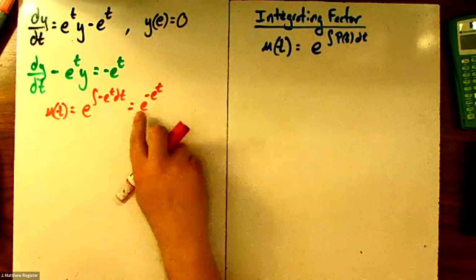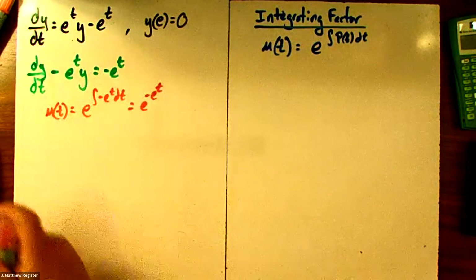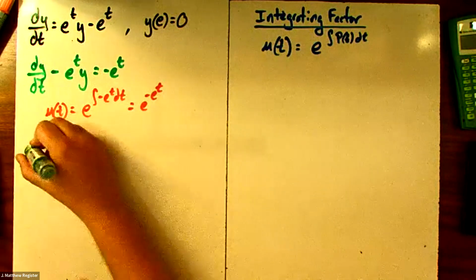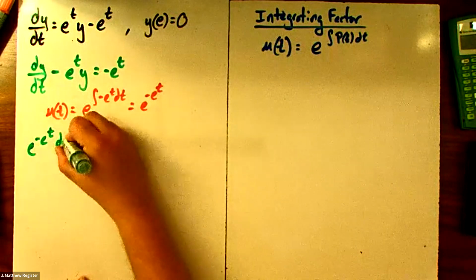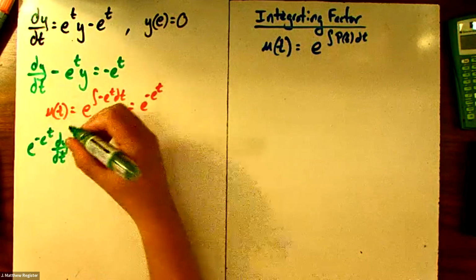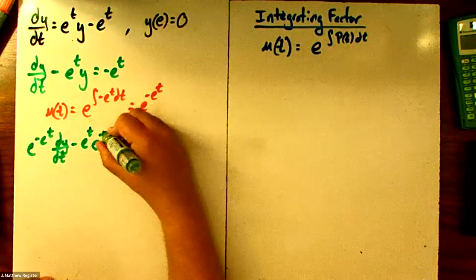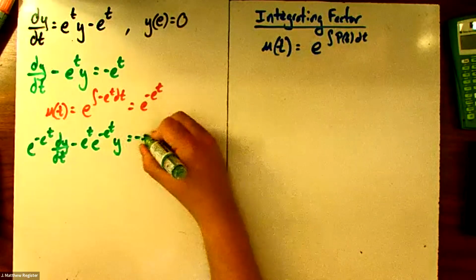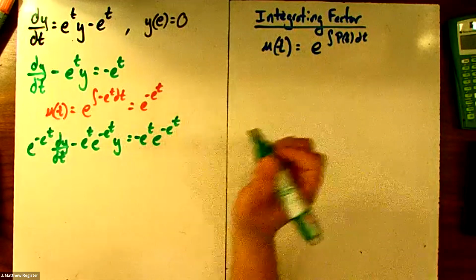And so we're going to need to multiply e to the negative e to the t by all 3 of these. And when we do that, we get e to the negative e to the t dy/dt minus e to the t e to the negative e to the t times y equals negative e to the t e to the negative e to the t.